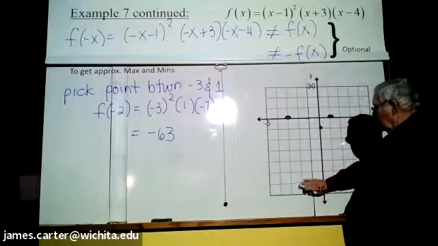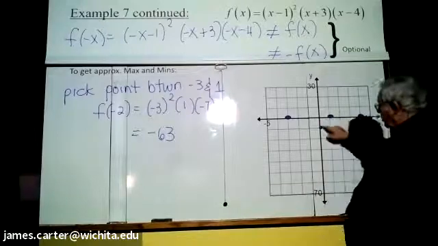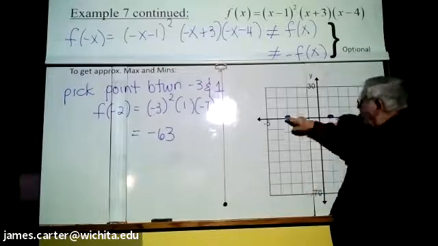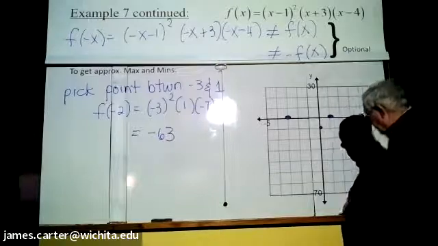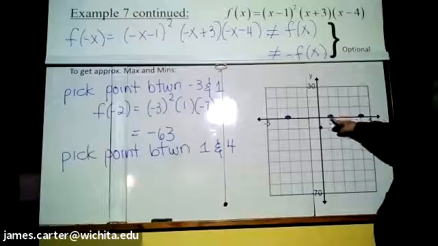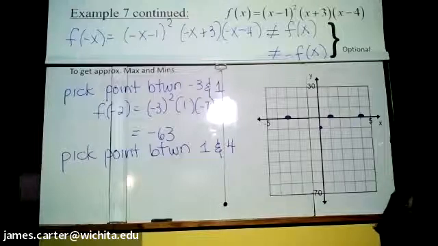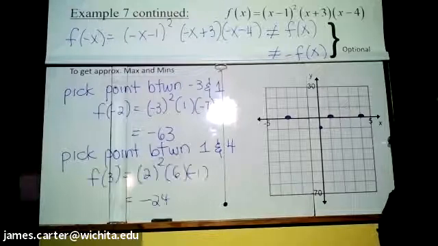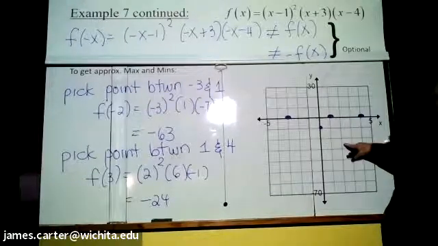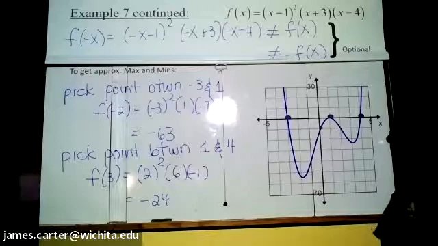So anyway, they found a point about there. So they know that this thing's got to come down and up like this. Now they want to pick a point between here and here and see what happens. Well, you get a -24 down about here.